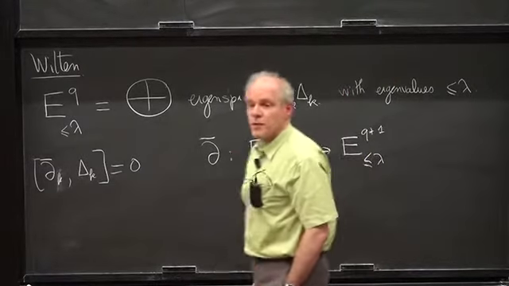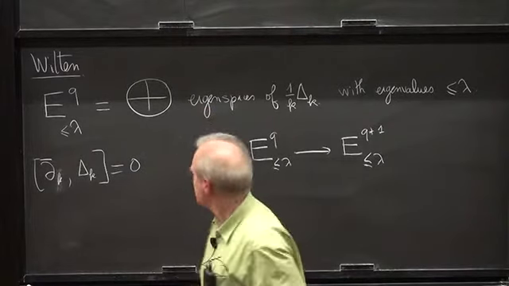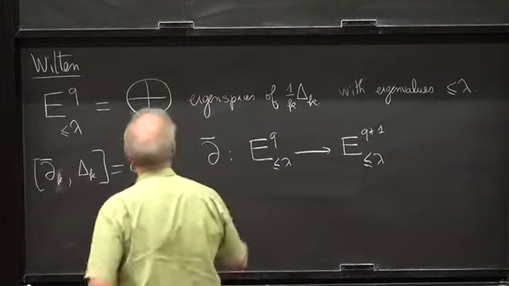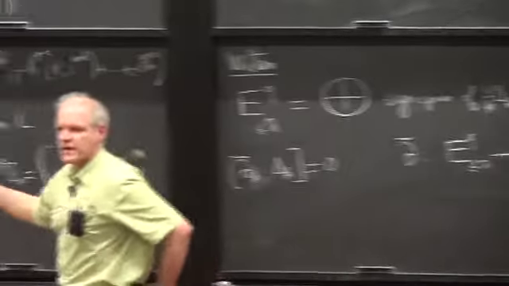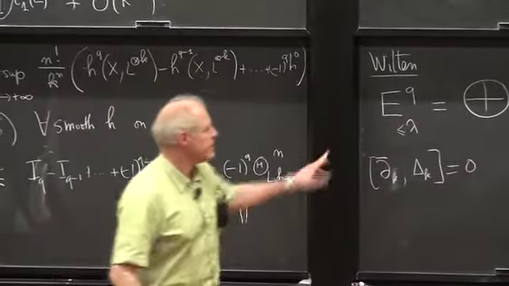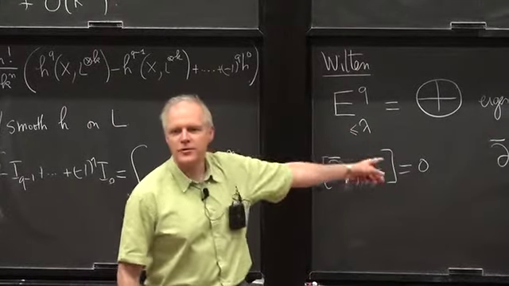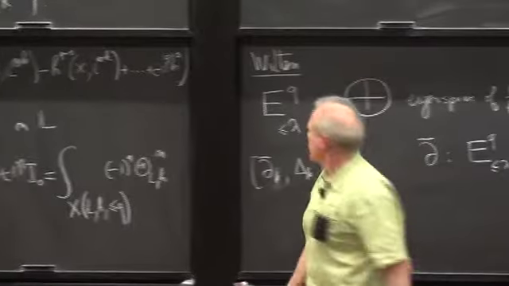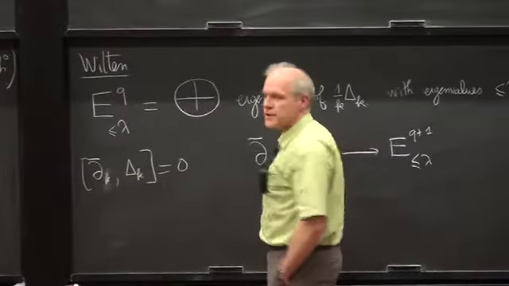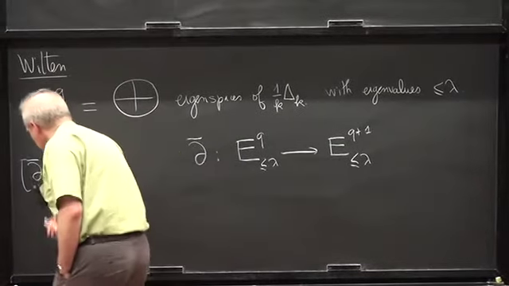The cohomology of this complex is again given by the zero eigenvalue, by the harmonic forms. Of course, an elementary application of linear algebra shows that the alternate sum of cohomology groups is less than the alternate sum of dimensions of those finite dimensional spaces. So you only have to estimate the dimensions of those E_q,lambda. And it turns out that you can compute.